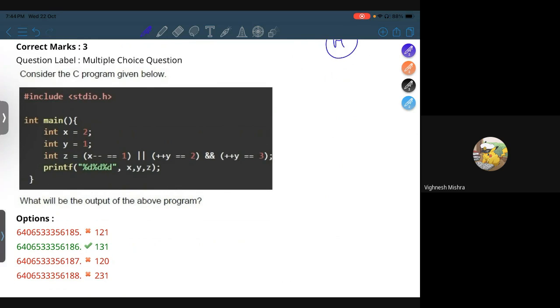What will be the output of this program? So Z double equal to X minus minus. X is 2, Y is 1. X minus minus is 2, but X will become 1. 2 double equal to 1 is false.